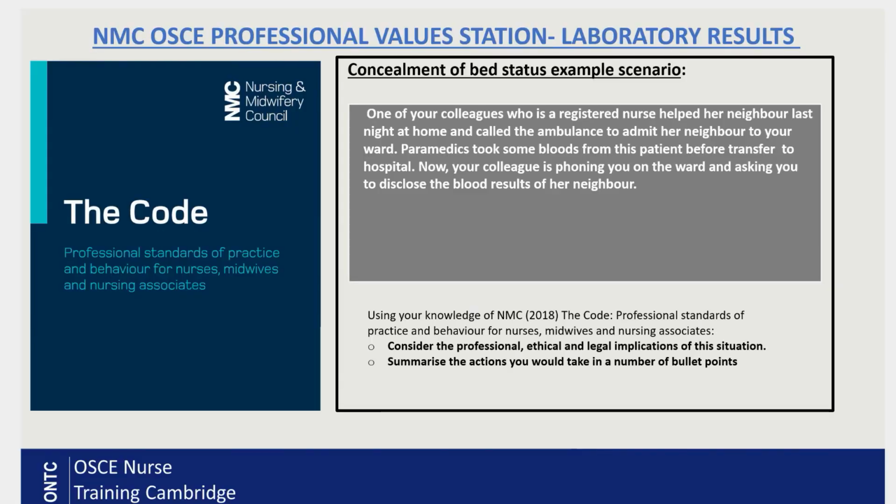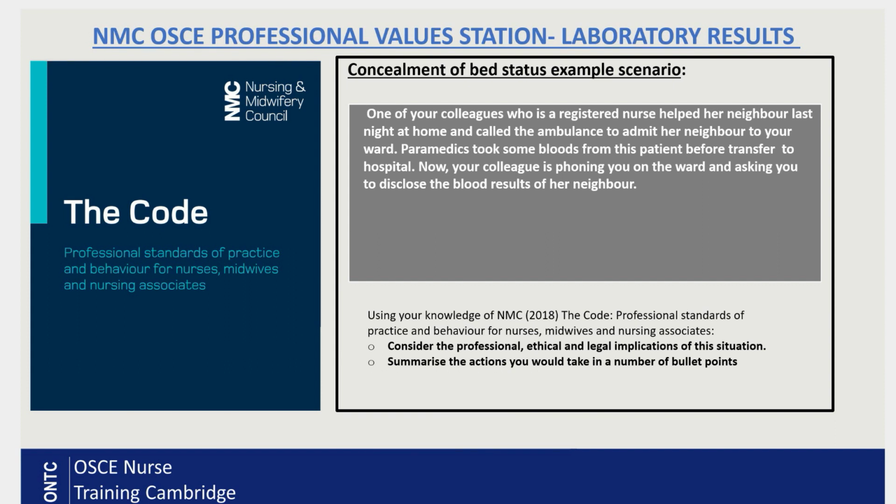So let's look at the scenario now. One of your colleagues who is a registered nurse helped her neighbor last night at home and called the ambulance to admit her neighbor to your ward. The nurse normally works with you, but she was not on duty last night, and her neighbor was taken ill, and she called the ambulance and sent the patient to the hospital.